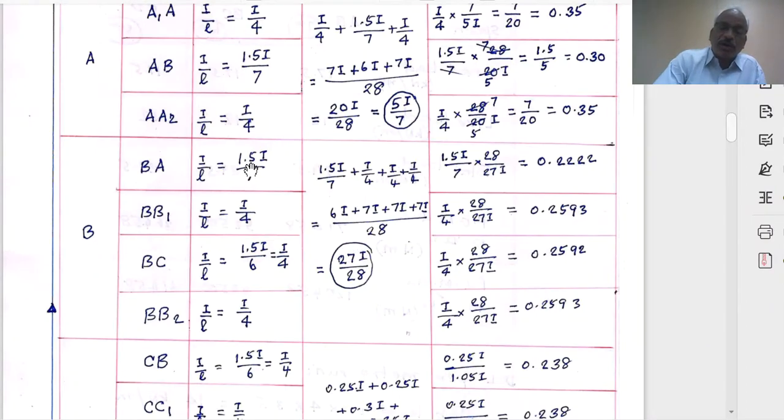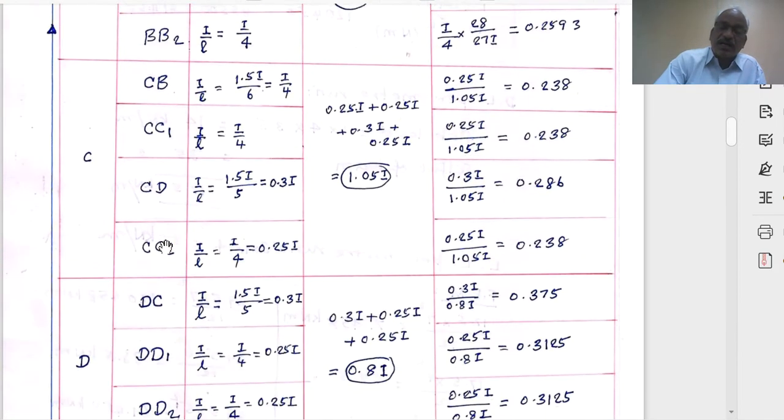The distribution factor for the member BA, whose relative stiffness is 1.5I by 7, is 1.5I by 7 divided by 27I by 28, which is equal to 0.2222. Similarly, we find the values for all the 4 members meeting at joint B.